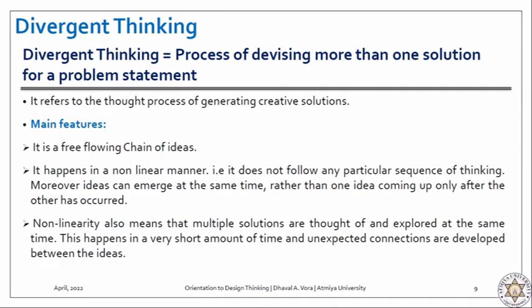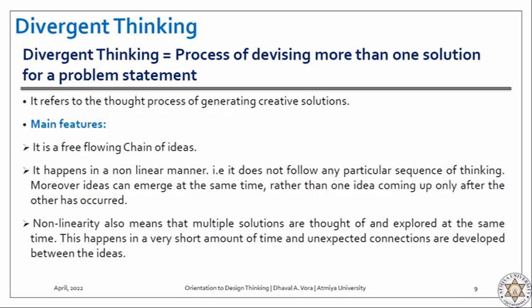And what are the main features? Let's have a look. It is a free flowing chain of ideas. When you start thinking about the solution to a particular problem, in divergent thinking there is no bar, so it is free flow. It happens in a non-linear manner, that is, it does not follow any particular sequence of thinking.